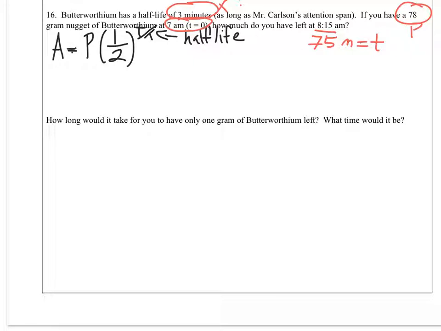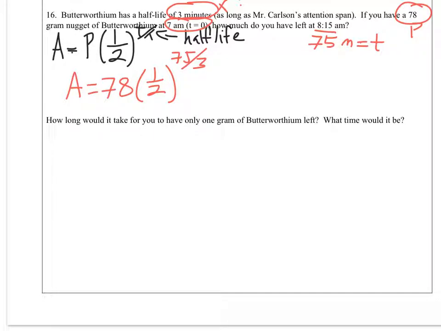Okay, plugging this into the equation, we've got our final value, or accumulated amount, is 78 times 1/2 to the power of 75 over 3.